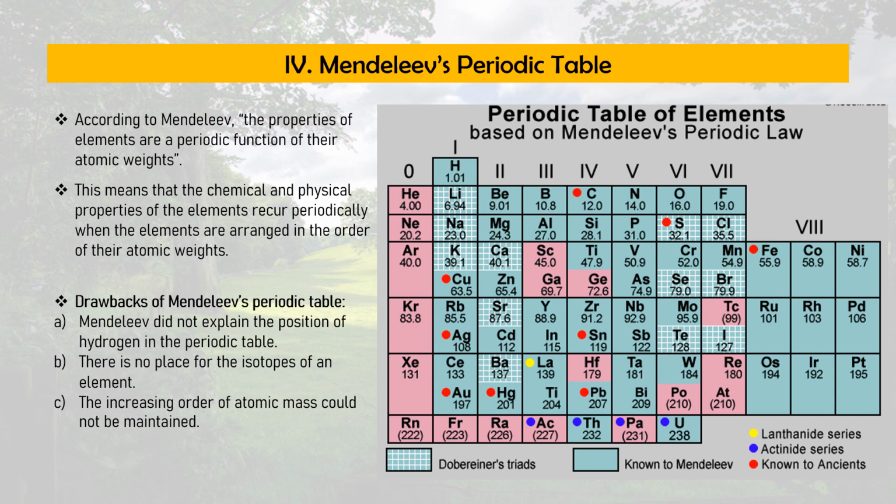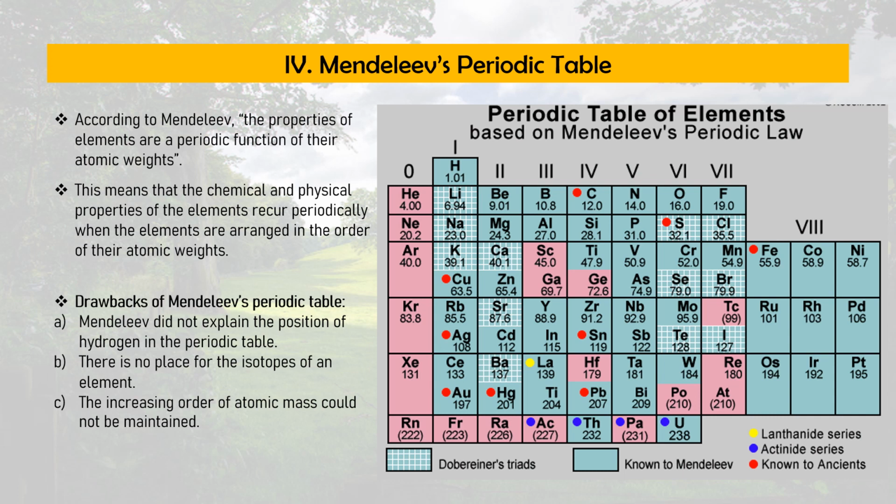Here in the table, you can see that after the placement of hydrogen, there was placement of lithium, sodium, potassium, copper, rubidium, silver, cesium, gold in the same line.